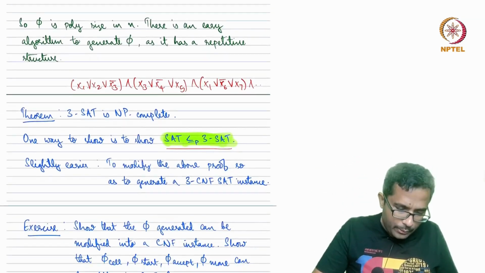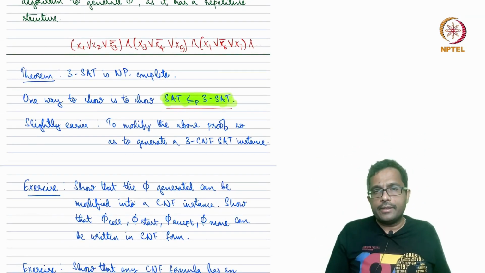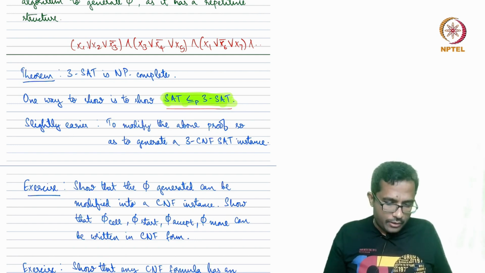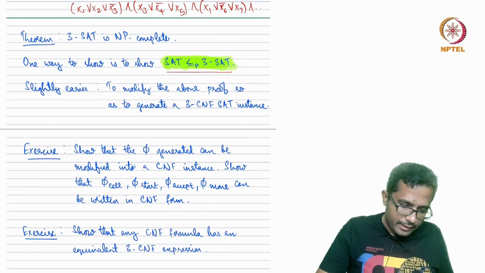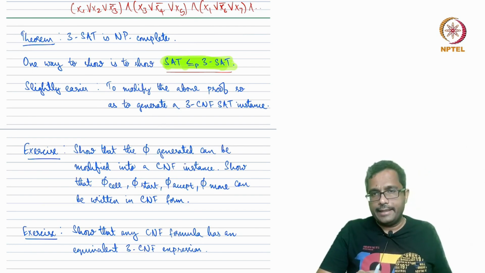It turns out that we can convert the formula output by the Cook-Levin proof into a 3CNF SAT instance. I'll just list down the way to do it as 2 exercises. I will not go into detail.